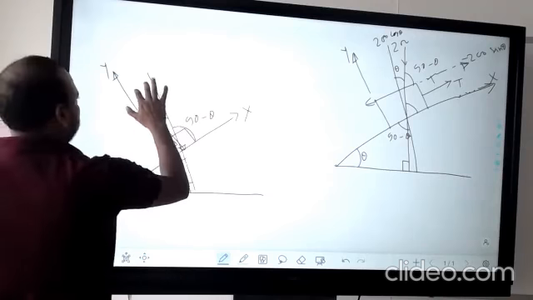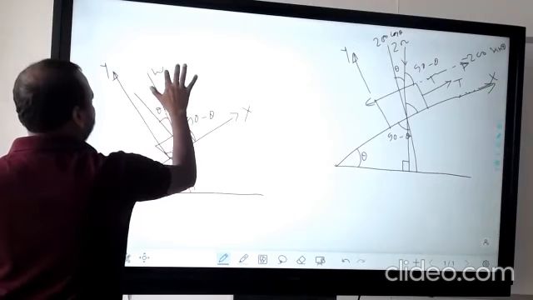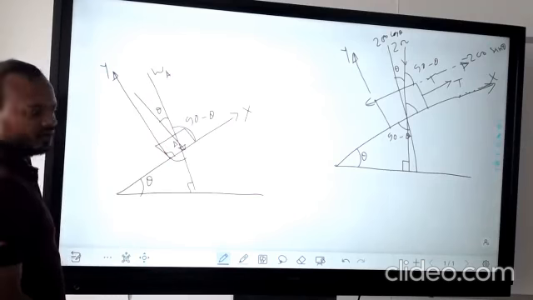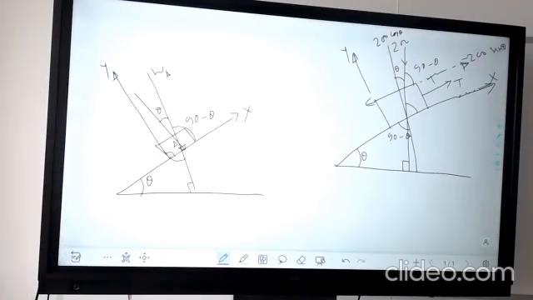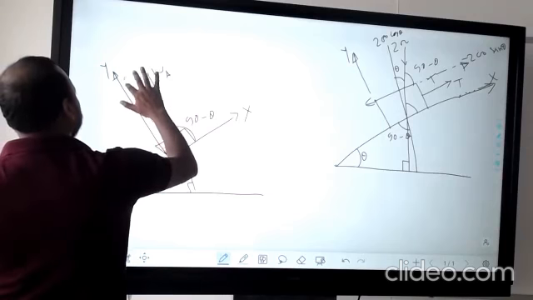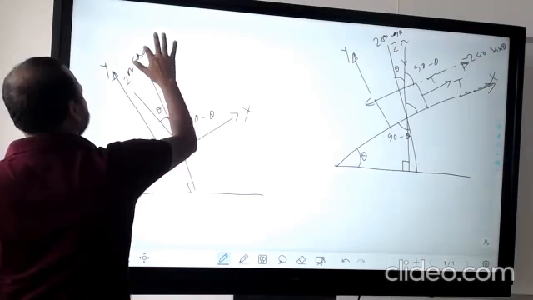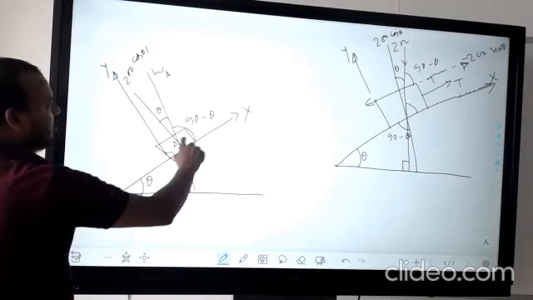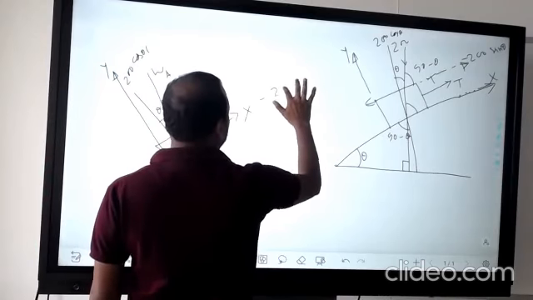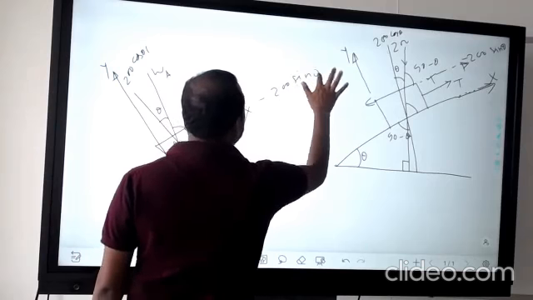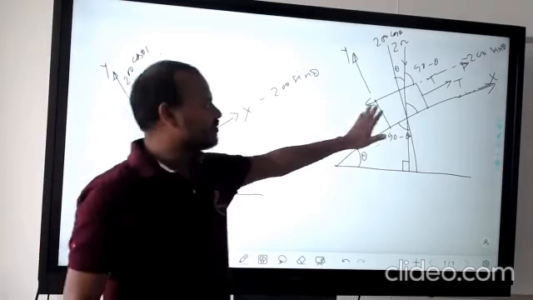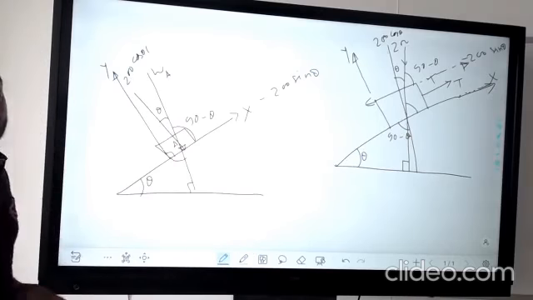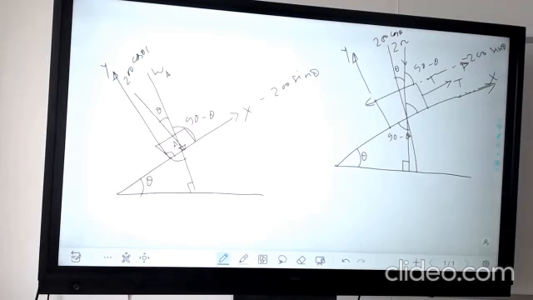Now we know, this is your WA. We can split it into two components, x-axis and y-axis. For the x-axis, that will be your 200 cos theta, and for the y-axis it will be negative 200 sin theta. Why negative? This will be that side. So in this way, you have to draw a free body diagram. Then apply summation of Fx equal to 0, summation of Fy equal to 0. Clear?